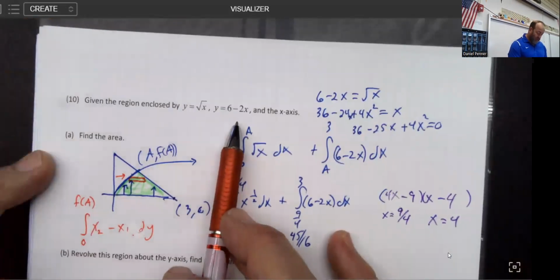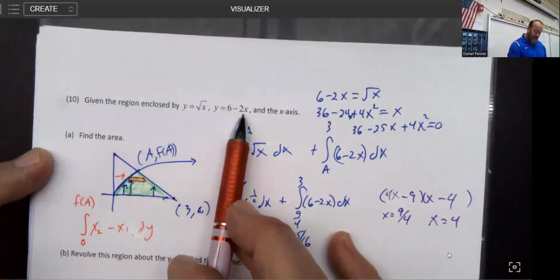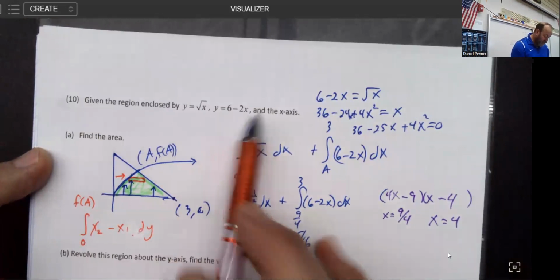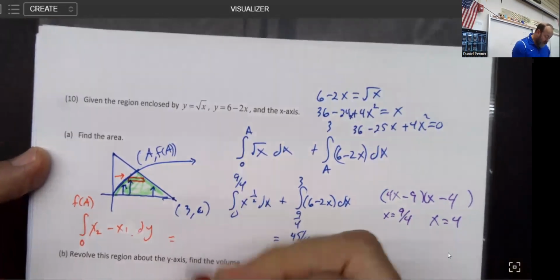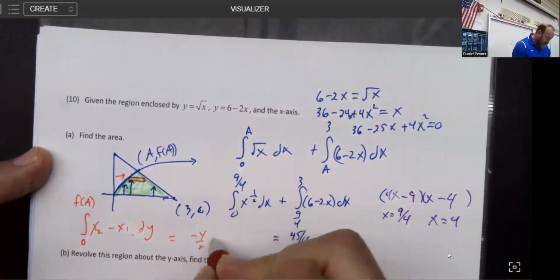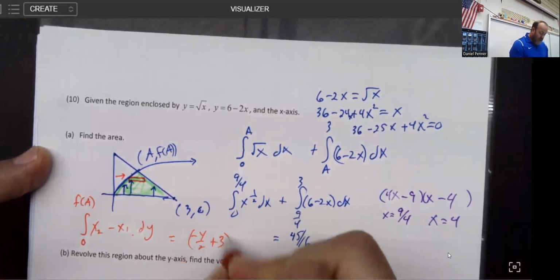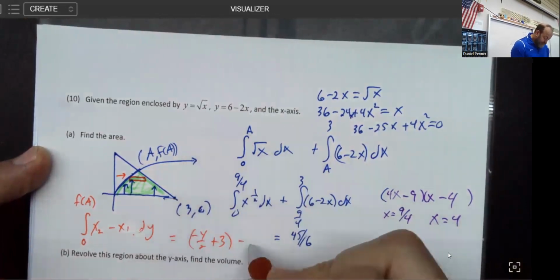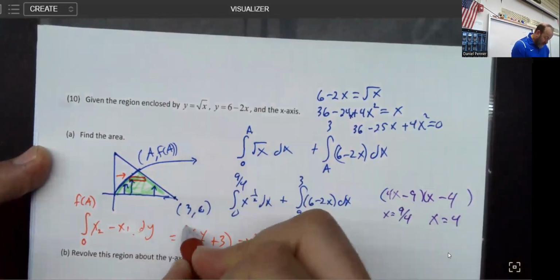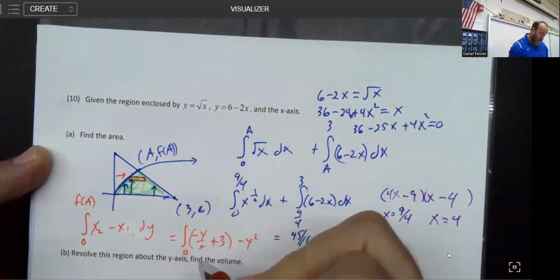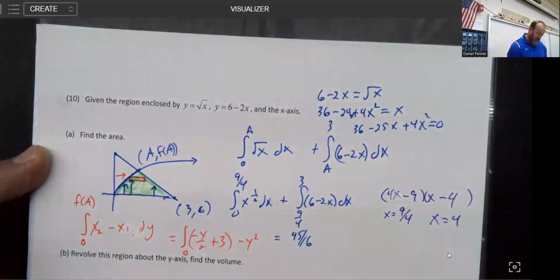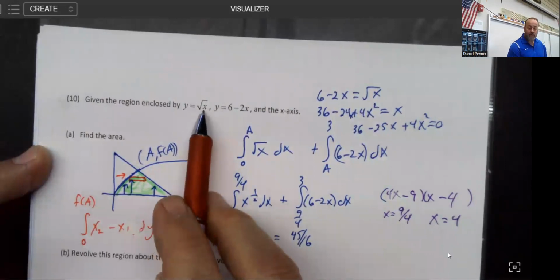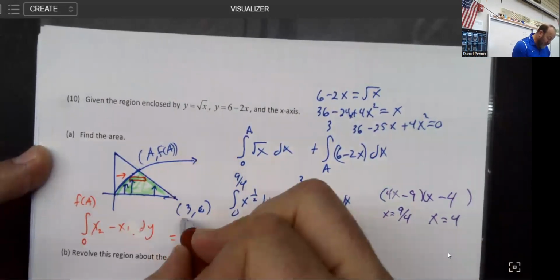I could solve it for x, and x would be y take away 6 divided by -2, which is -y over 2 plus 3. This one, if I solved it for x, I would get y squared. And we're going to integrate that from 0 up until what happens when you plug in 9/4. But 9/4 square rooted is 3/2.